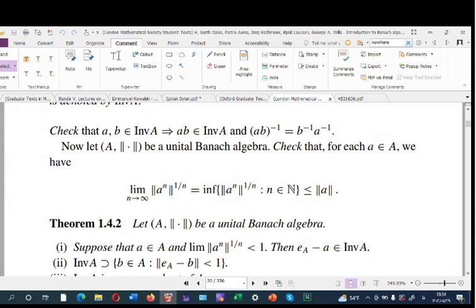Okay, the infimum of this set is less than or equal to the norm of a.